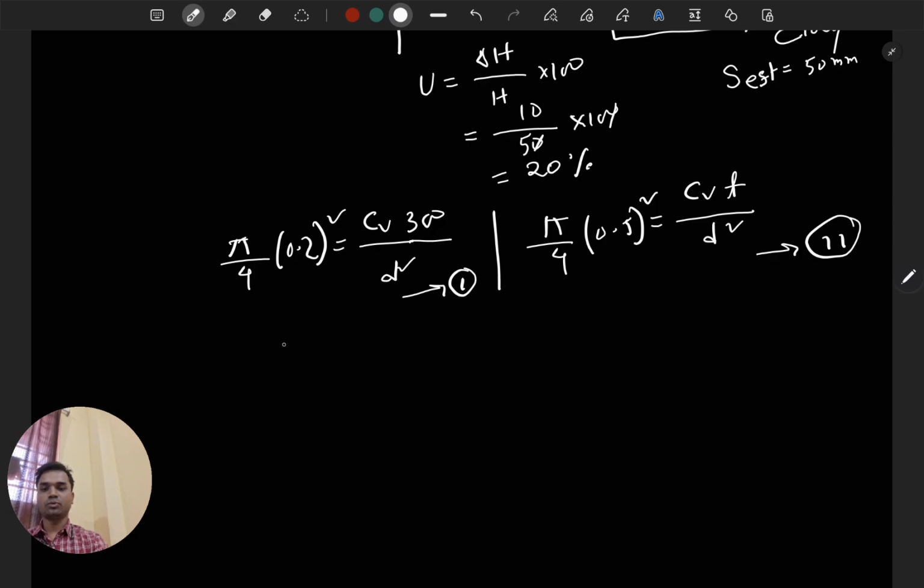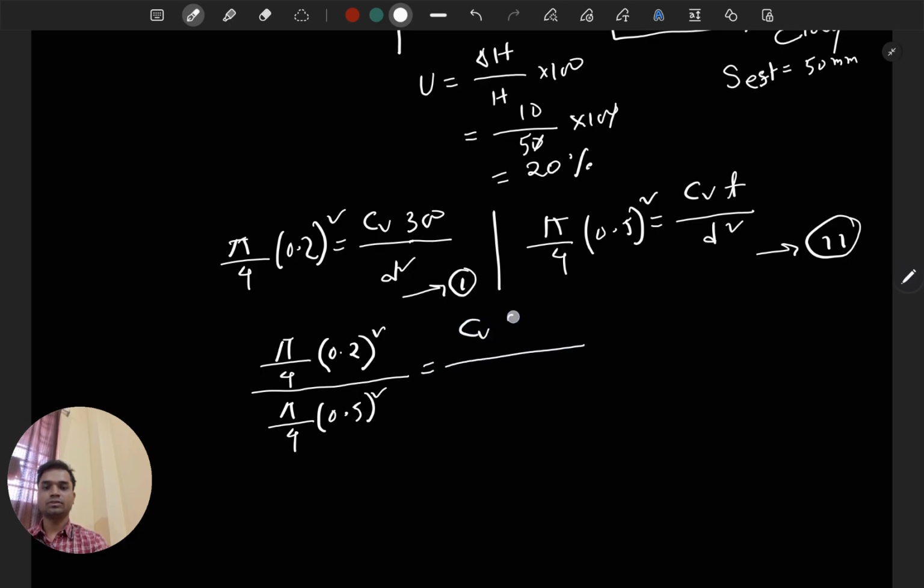Now divide equation 1 with equation 2. Then pi by 4 into 0.2 squared divided by pi by 4 into 0.5 squared is equal to CV into 300 divided by d square, then CVT by d square.